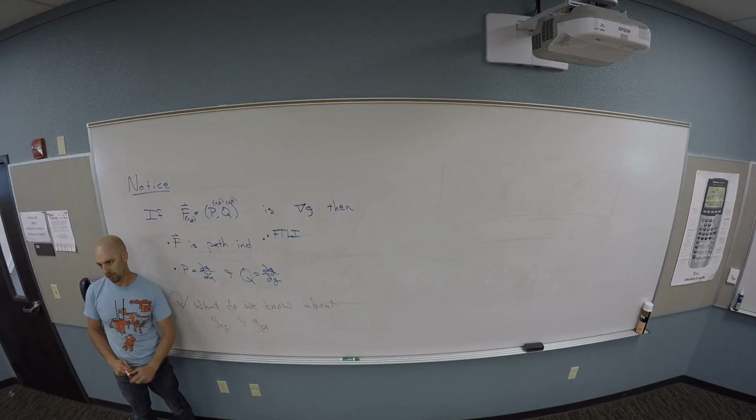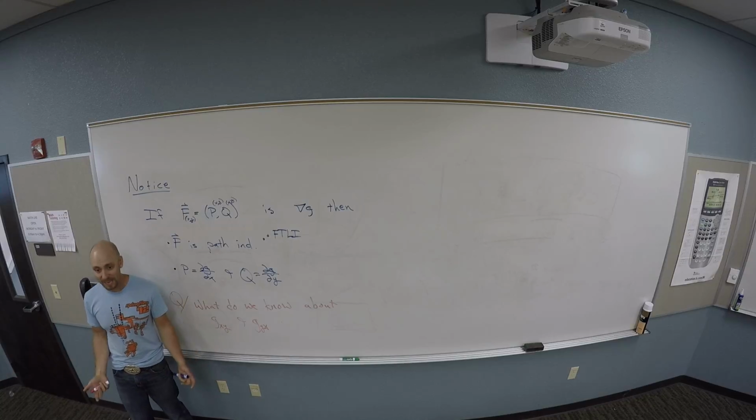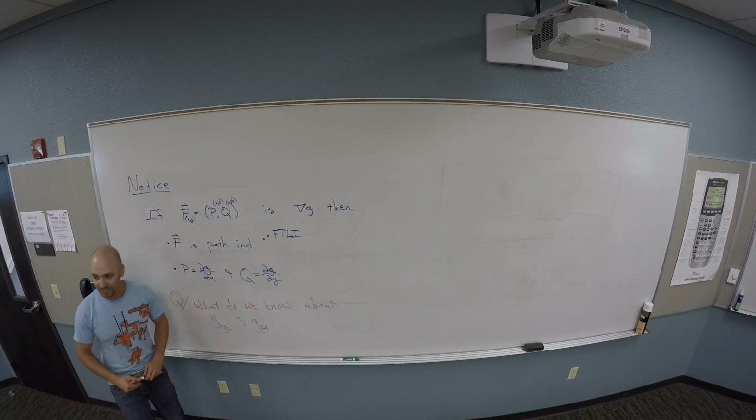Do you guys remember? Yeah, so these are derivatives. g sub xy is the partial derivative with respect to x, and then the partial derivative with respect to y. So this is the partial with respect to y of the partial with respect to x of g. Well, they're pretty much the same thing. Yeah, and it's usually the same thing. So that should answer what we know about these.